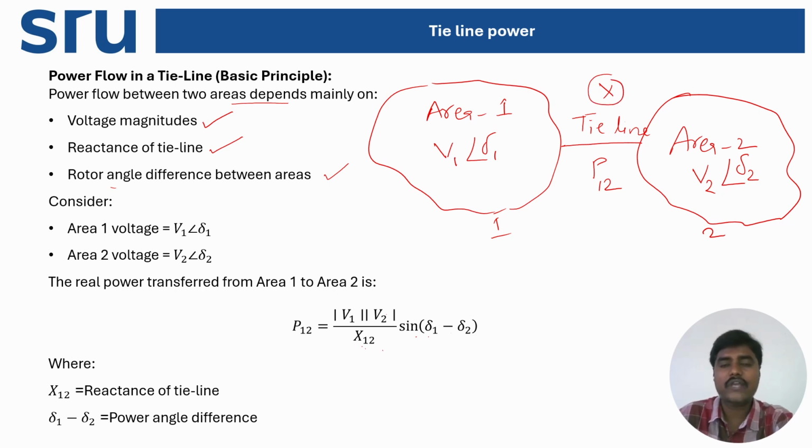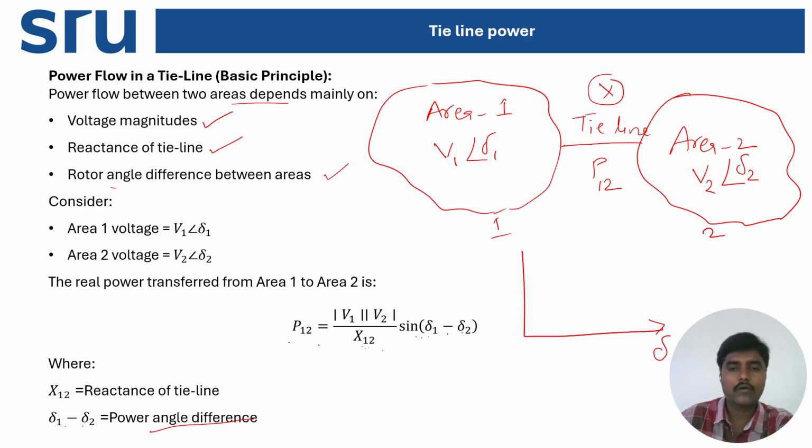Of course, here we have neglected the resistance. And delta 1 minus delta 2 is called the power angle difference. If you want to represent this equation graphically, it will be like this.